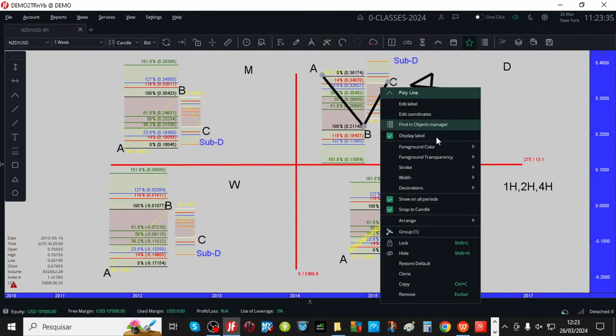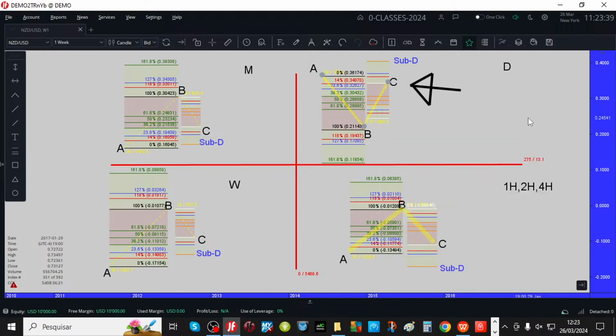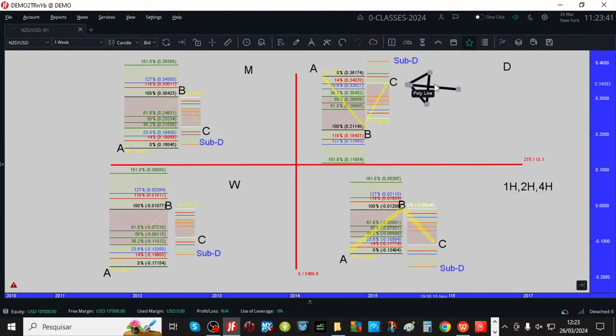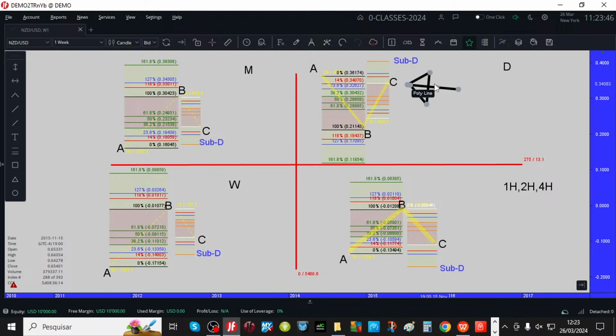The daily chart has a confirmed C2. Isn't the daily going to fall? Everybody, what do you think? Participate, this is how we learn. There is no right or wrong. What do you think?